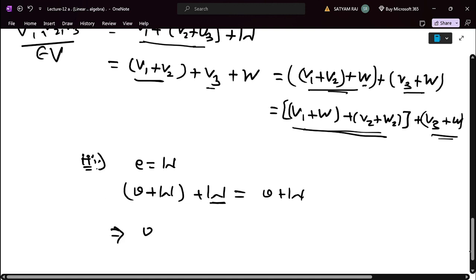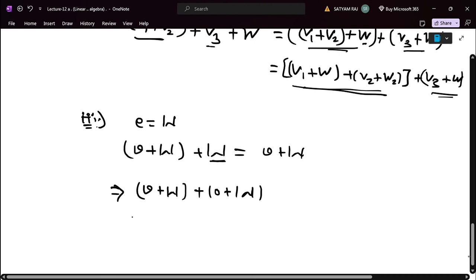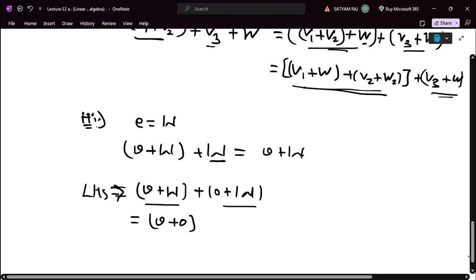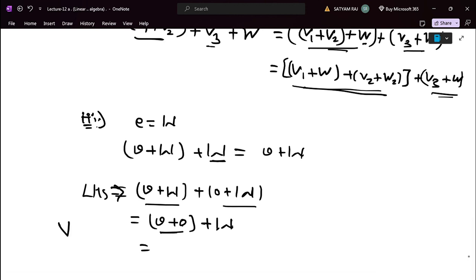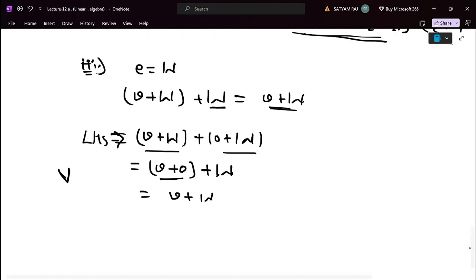So we add V plus W plus 0 plus W. Now this is the LHS, and by the definition of plus, it is V plus 0 plus W. Because 0 is the identity element of the vector space V, it will be V plus W. So we got that.